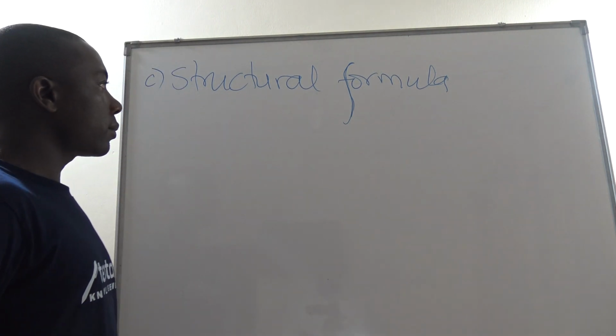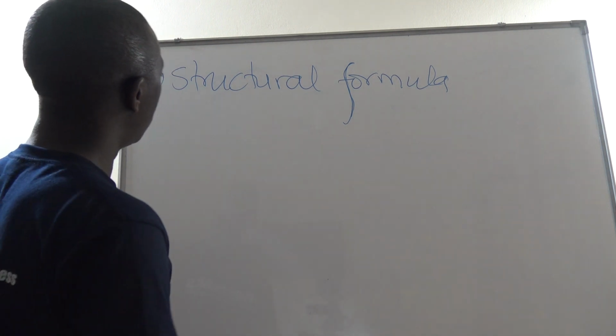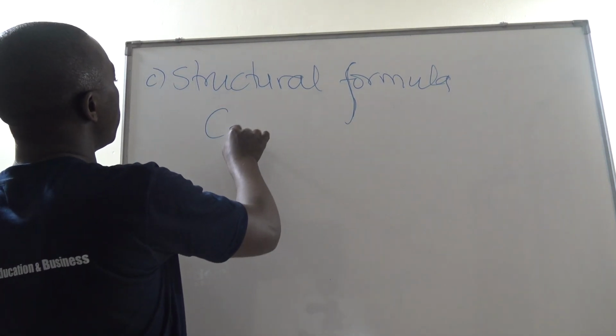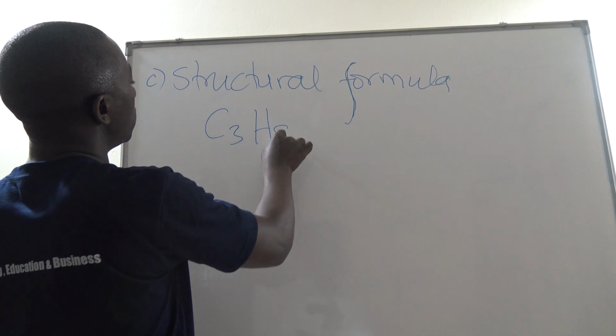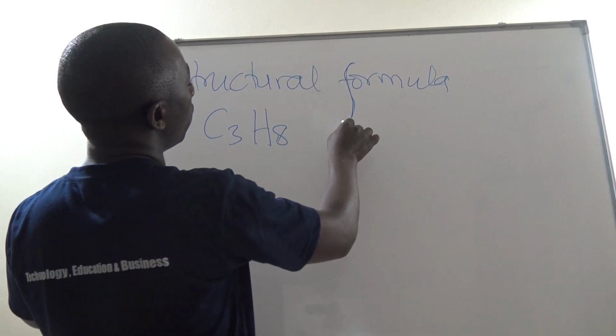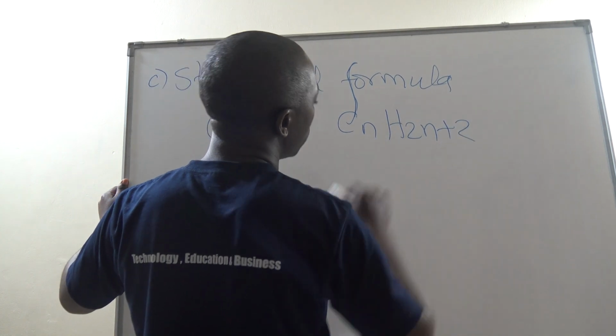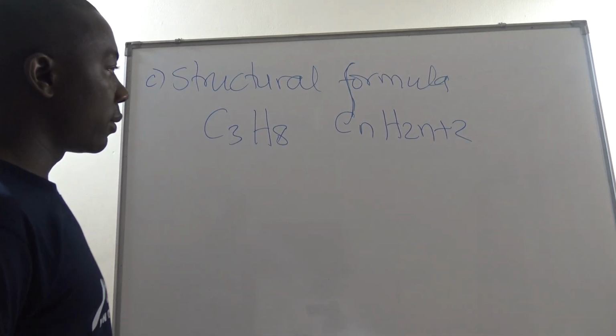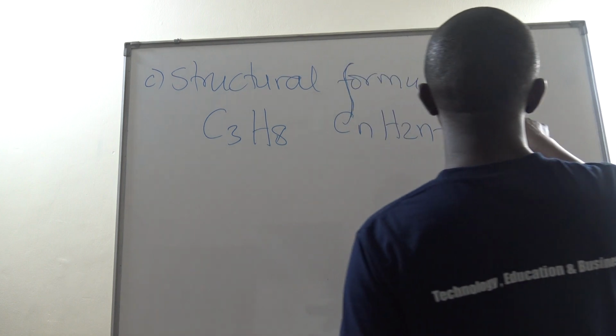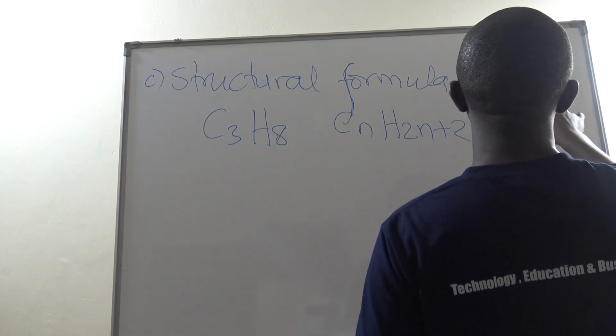Homologous series, and look at this compound with C3H8. It corresponds to a general formula which is CnH2n plus 2. That is the general formula for all alkanes.